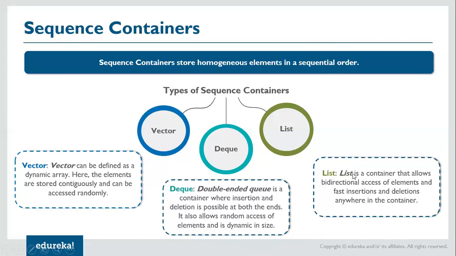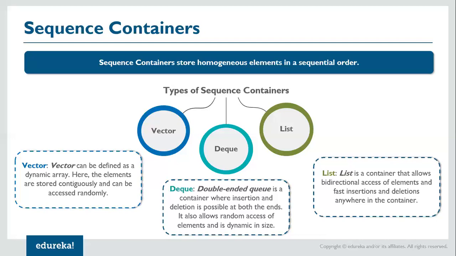Then we have a list. What is a list? A list is a container that allows bidirectional access of elements and fast insertion and deletion anywhere in the container. As the point makes clear, you can access in both directions, front and back.